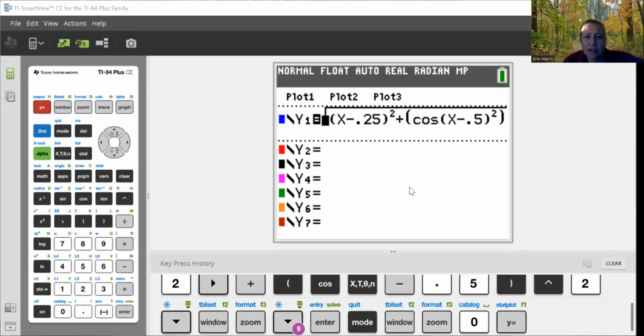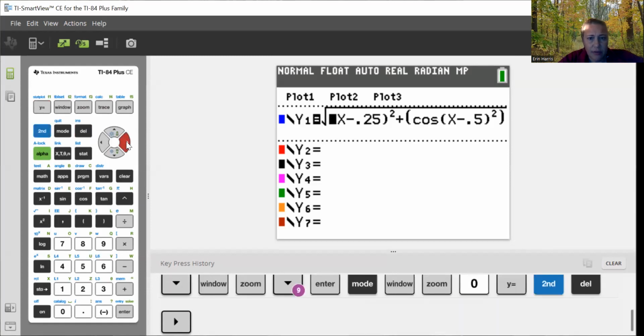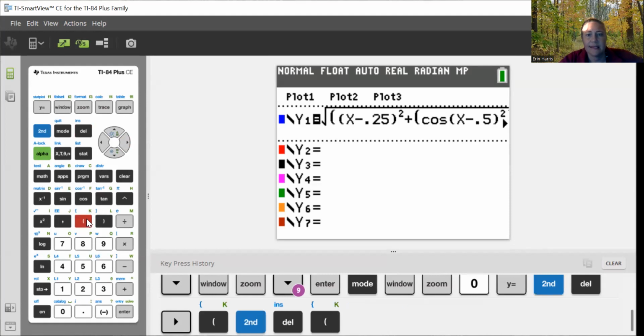I couldn't figure out what I had done wrong. The biggest obstacle to typing things incorrectly is the use of parentheses. And what I realized here, I think I have a couple different parentheses problems. I think I need to go second insert and put another set of parentheses right here so that the whole thing ends up being in parentheses.